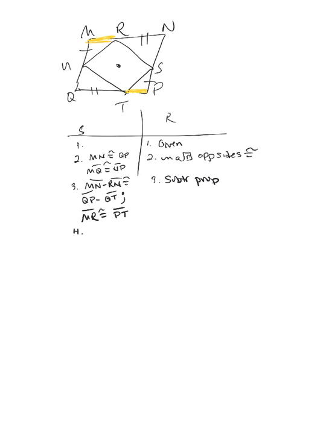So then in line 4, we're going to do the same thing. We're going to say that MQ minus MU is congruent to NP minus SP, semicolon.